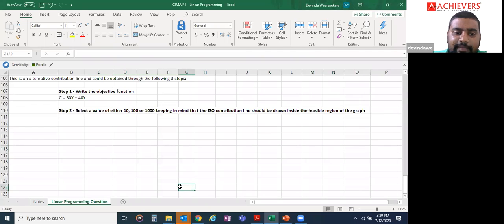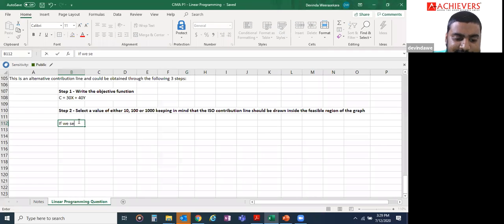Okay. So if we select 100, or if we select 10, right? Let's start with the smallest value.